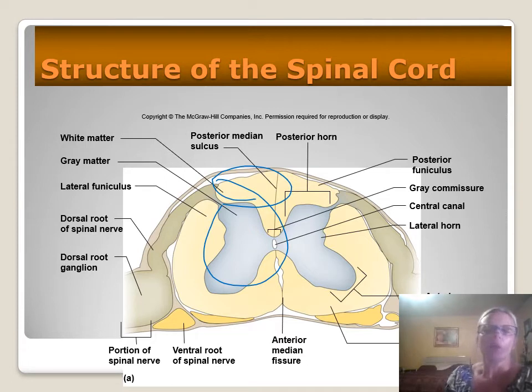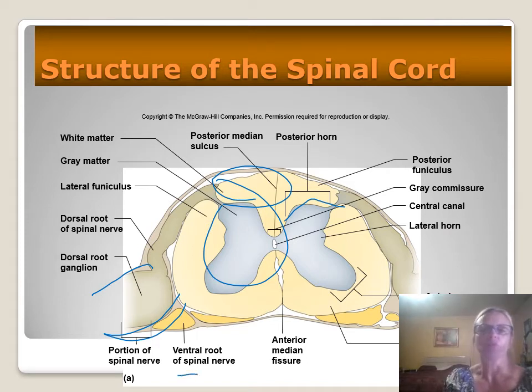We have the dorsal root ganglion, which is a gang of nerves, and then the anterior horn as well, and I have it blocked on my screen. Then we have posterior horns and lateral horns. Remember, the horn is just where it is sticking out. You will generally see this butterfly-shaped look, and that is representing the gray matter in the spinal cord.